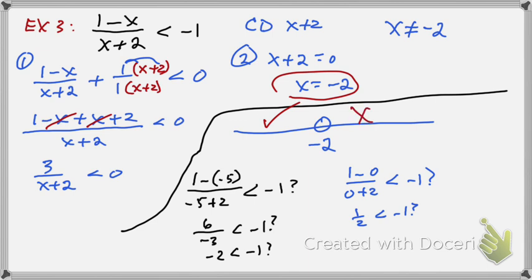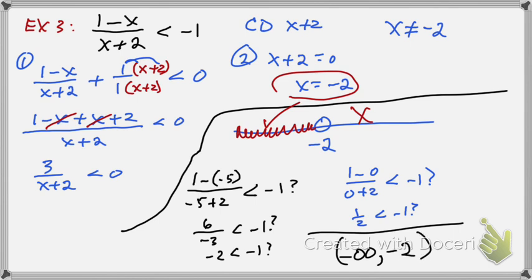So my interval ends up being just this out here. So the smallest it can be is negative infinity. The largest it can be is negative 2, but it can't reach it. So there's our answer.